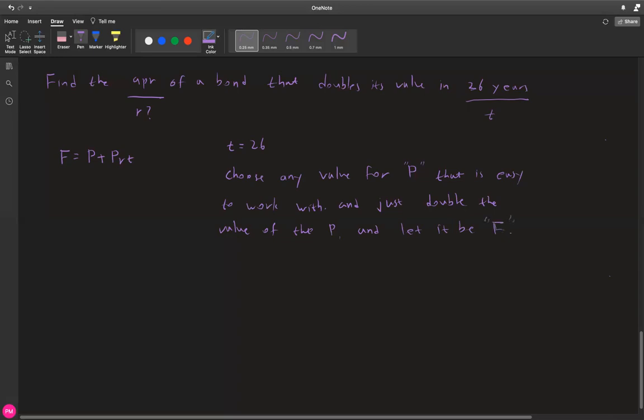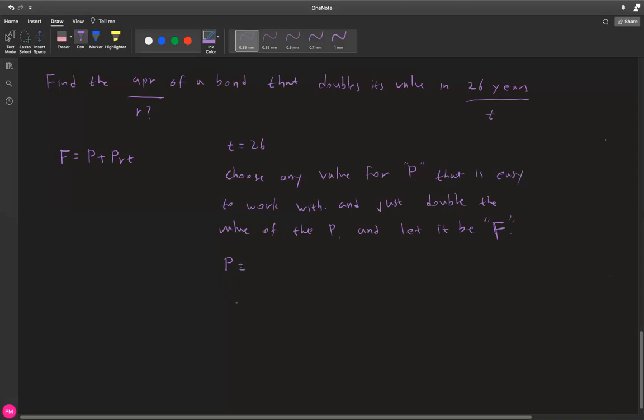Just by stating this, it may not be as clear as it really is. So let's actually do an example that's easier to work with. What's an easier number to work with for P? We can actually use 1 because it could be any number.